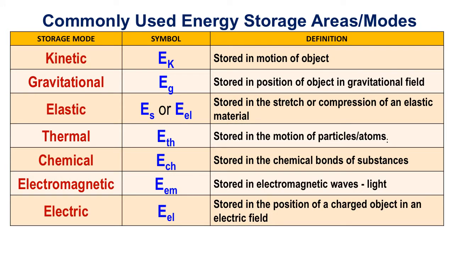One of the most important parts of creating an LOL diagram is really understanding which of the energy storage modes are present and in use during whatever situation we are analyzing. And we're mostly going to be dealing with these top four in our list of common energy storage areas. Remember, kinetic energy, that is the energy stored in the motion of an object.